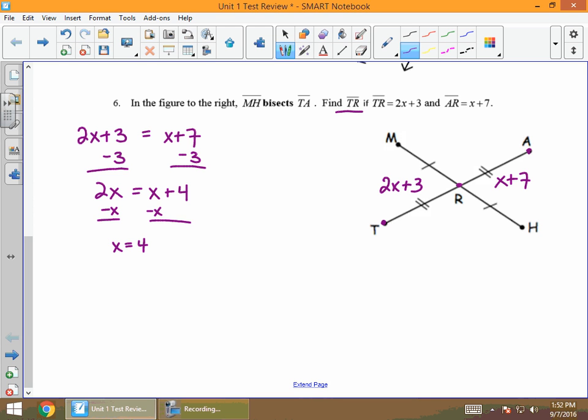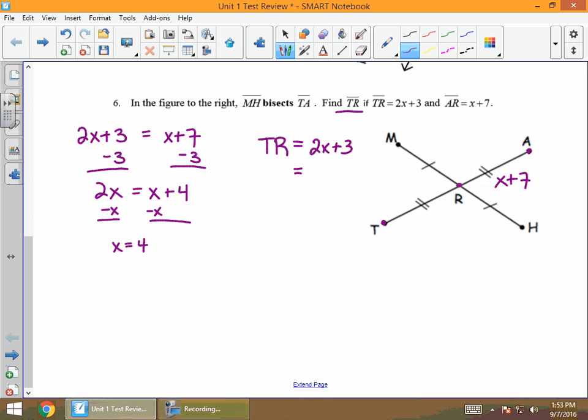Now, the problem does not ask me to find x. It doesn't say find x. It wants us to find segment TR, so the distance from T to R. Well, we know that T to R, says it right here, is 2x plus 3. Well, if x is 4, let's do substitution. As we start talking about proofs, substitution or transitive, this happens to be substitution.